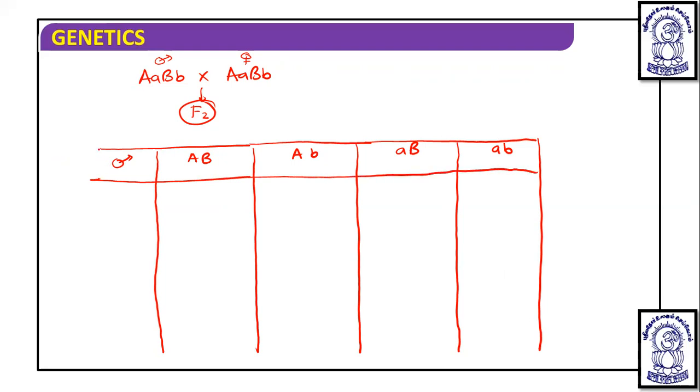These are the four gametes produced by the male, and the female also produces the same four gametes.